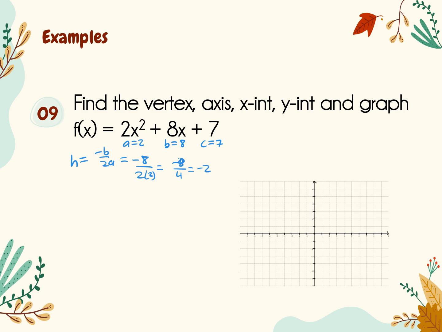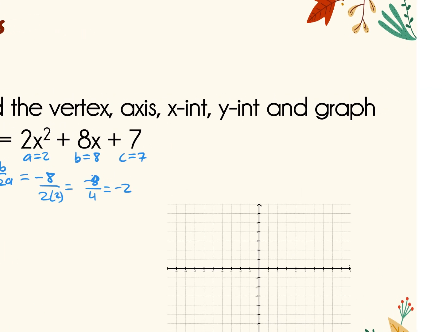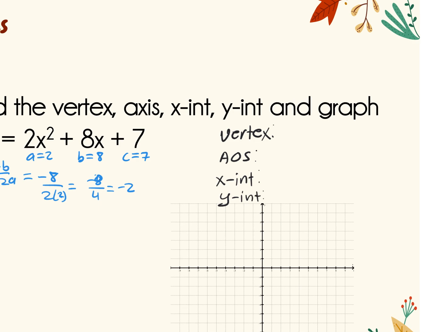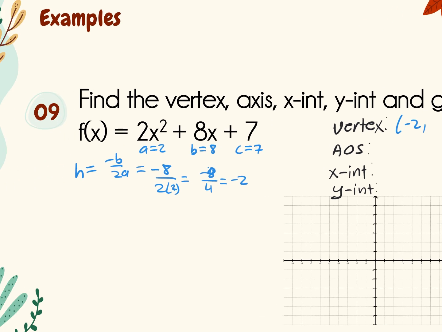All right, so we get our vertex. Right, let me write it the same way that I've been doing it before. Let me just leave a space to write all of our answers. All right, so our vertex, we know that the x-coordinate is negative 2. Now to find the y-coordinate, plug it back in.